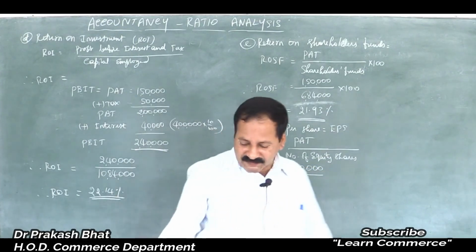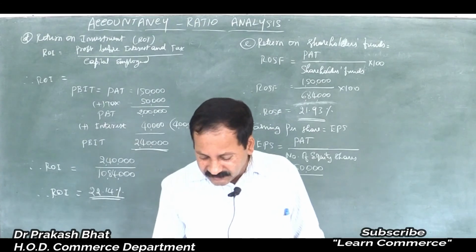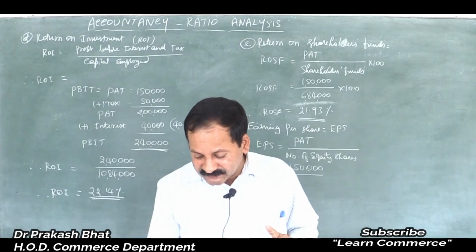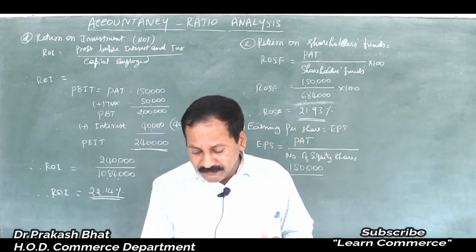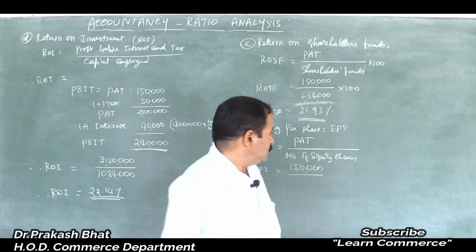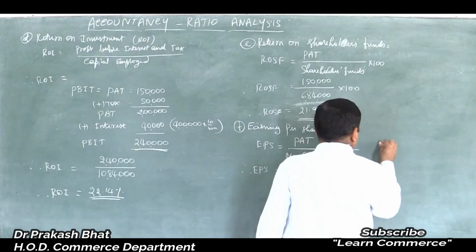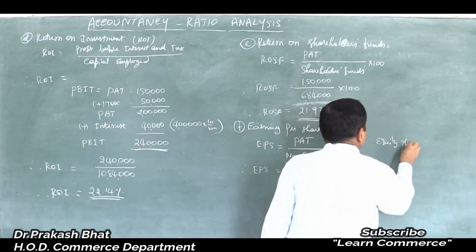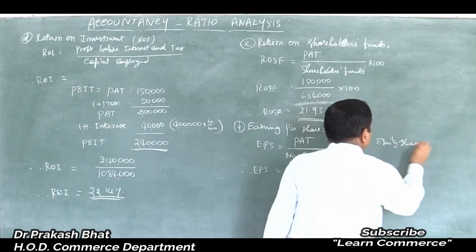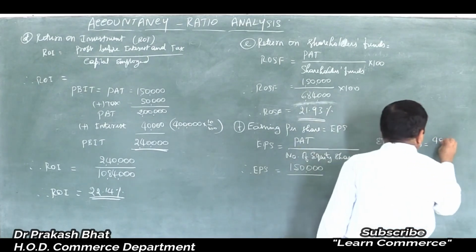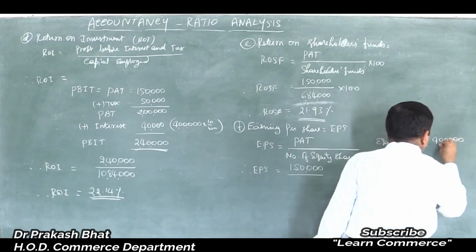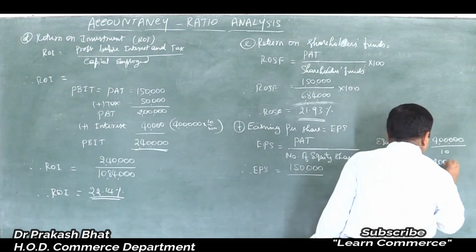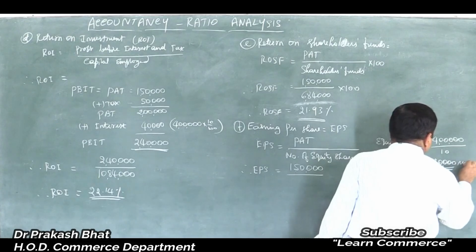Number of equity shares: refer to the problem, equity share capital at the rate of 10 each, 4 lakh capital is there. 4 lakh divided by 10, equity shares is equal to 40,000 numbers.